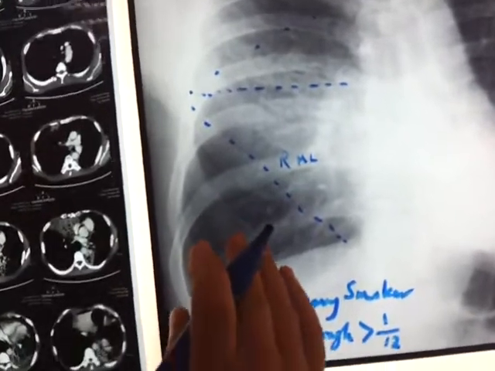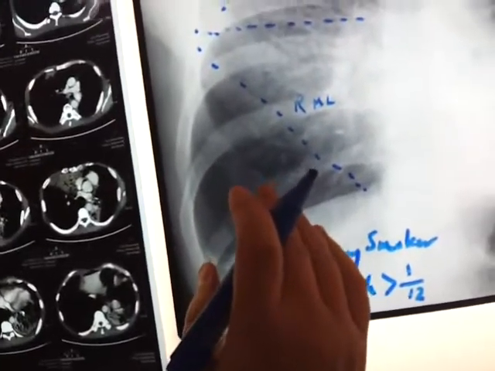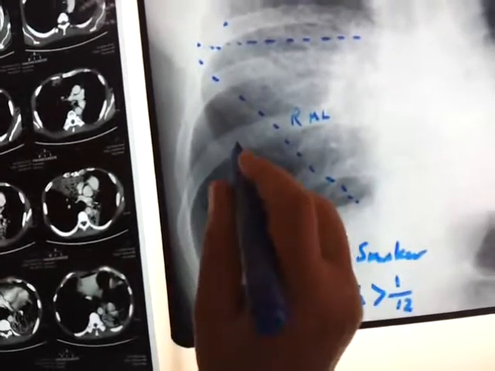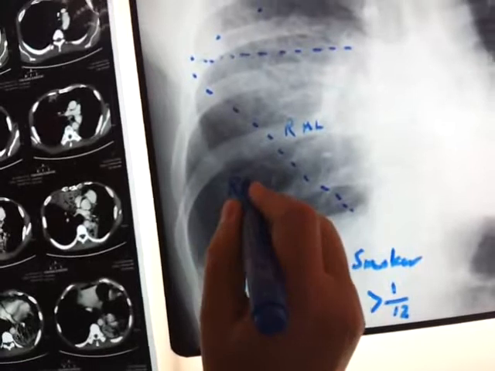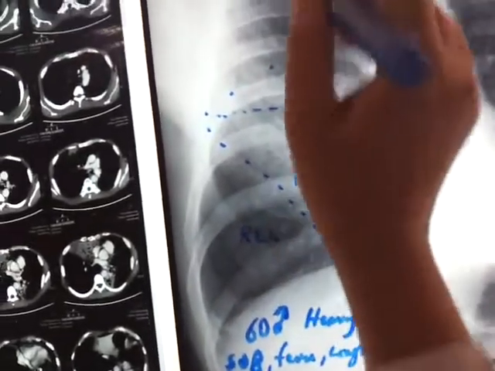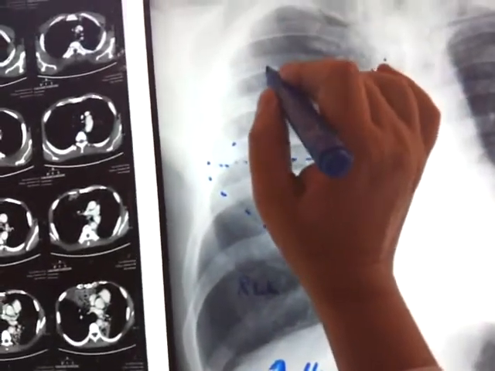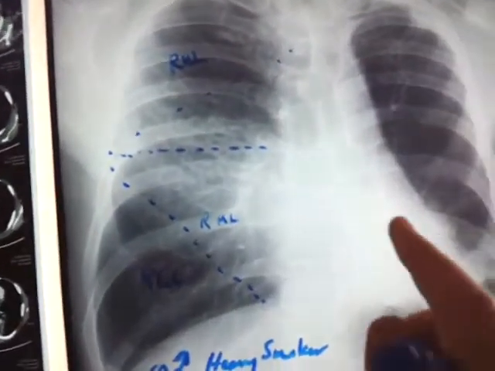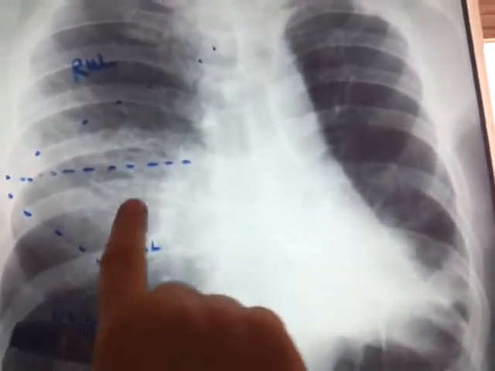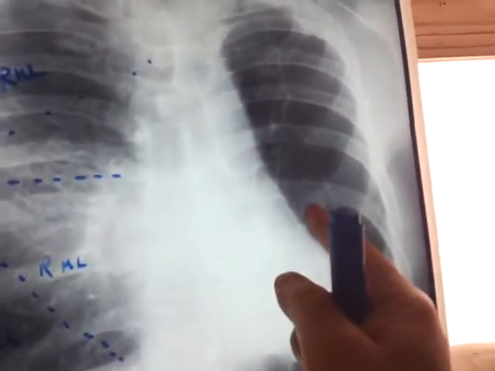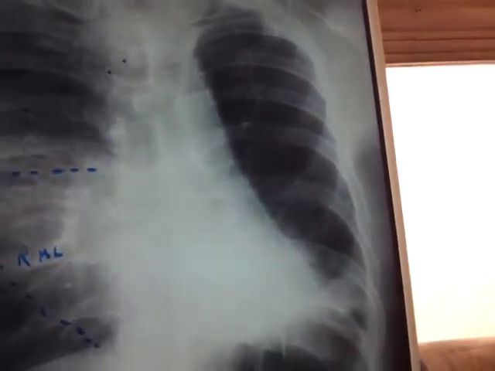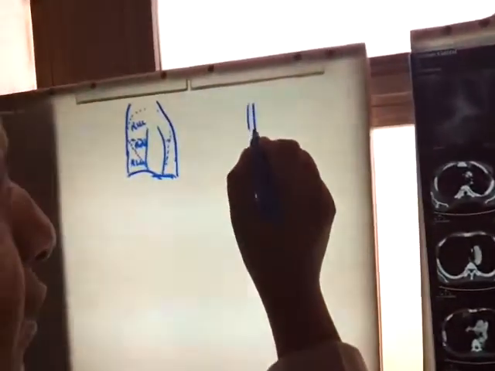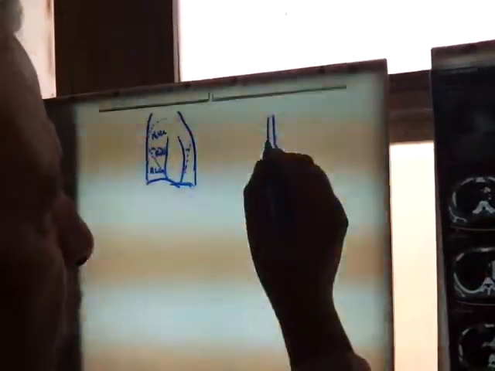The rest of the lung, hitting the diaphragm, is the right what? Lower lobe. Anything above the transverse fissure is the right upper lobe. The same is true on the left side, but instead of right middle lobe, we put what here? Lingula. Because of the bifurcation of the trachea, this is the trachea, bifurcating to the left and to the right.